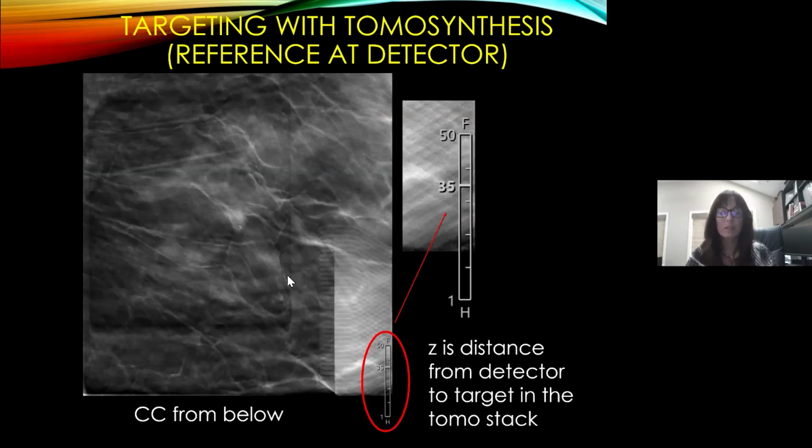This is a single slice of the tomosynthesis series showing that the calcifications came into focus at 35 millimeters from the detector, which is 1. This is the head. Remember, we're coming CC from below, so this is the head and the paddle is at the feet. So we've determined Z just by the distance from the reference point.